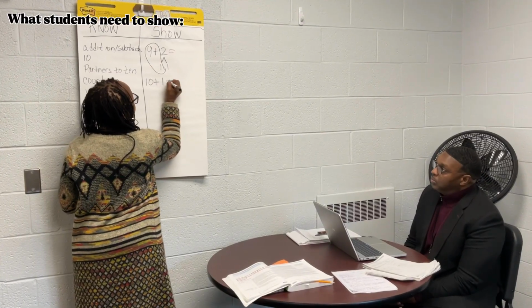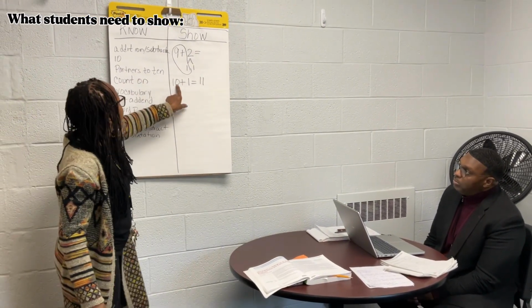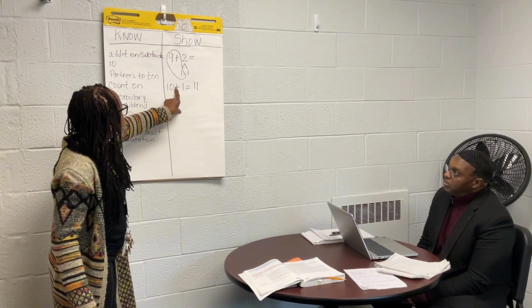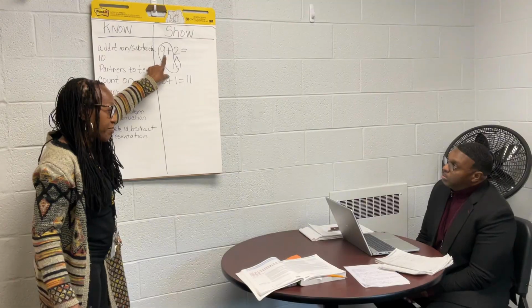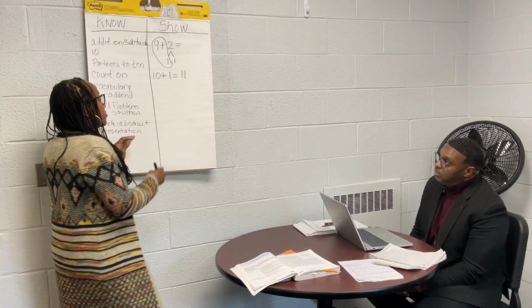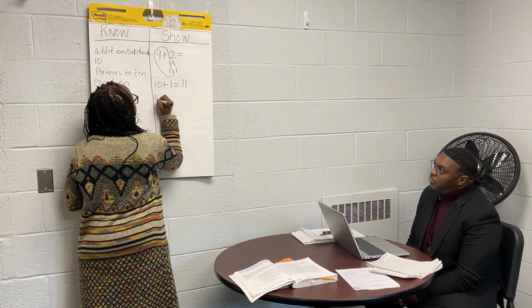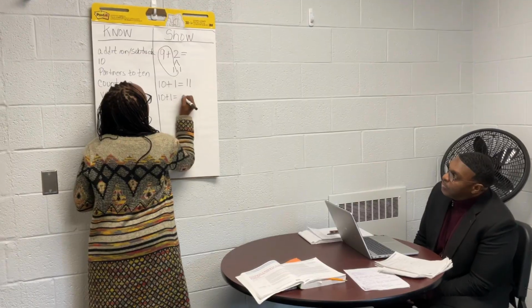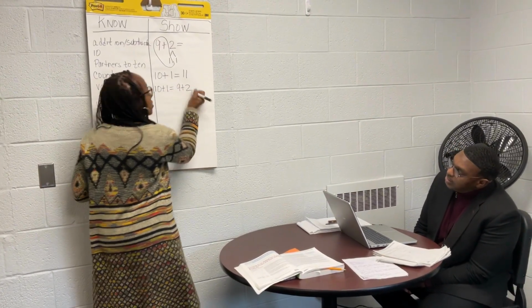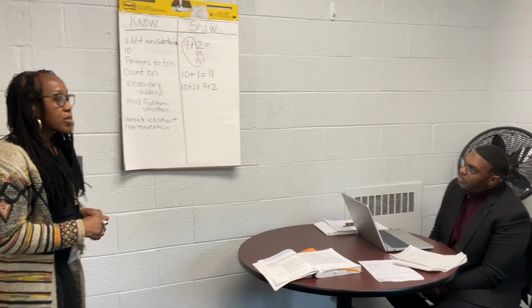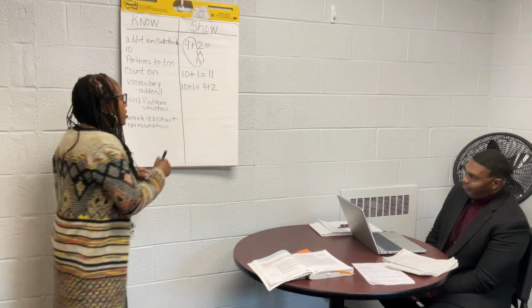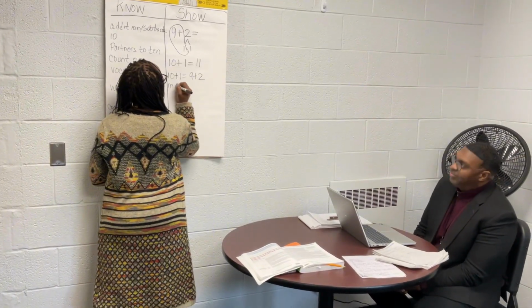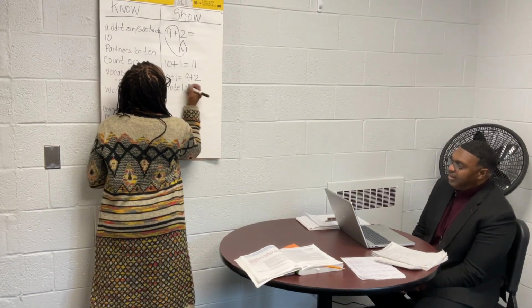So 10 plus 1 equals 11. And then also understanding that this new number sentence, 10 plus 1, has the same value as 9 plus 2, making a true number sentence. Okay. Anything else you would add to this? Also, they need to know how to model what they're doing with a drawing. Yes.